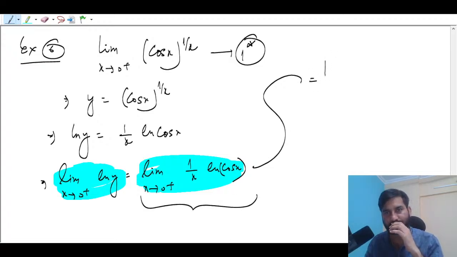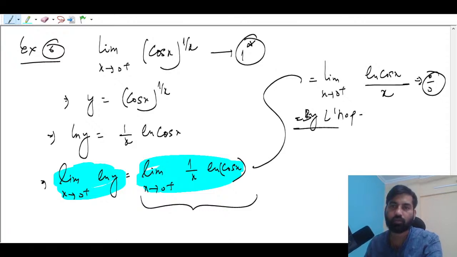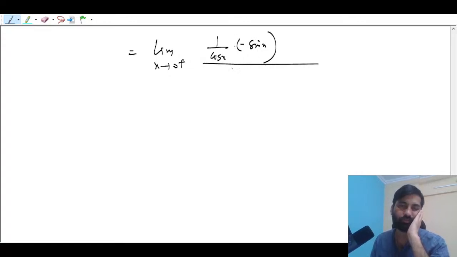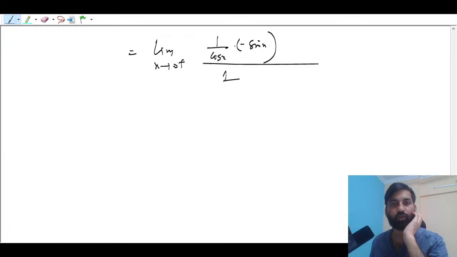This is easy, you just have to find y. So focus on this part. How much will this be? Limit x tending to 0 plus of ln cos x by x. It is nothing but cos 0 is 1, so it is a 0 by 0 form. So we can differentiate by L'Hopital. Applying L'Hopital, what comes? ln cos x gives 1 by cos x times minus sin x, upon 1 only. So what is this, guys? If you plug in 0 plus, this is nothing but minus tan 0, and tan 0 is 0.